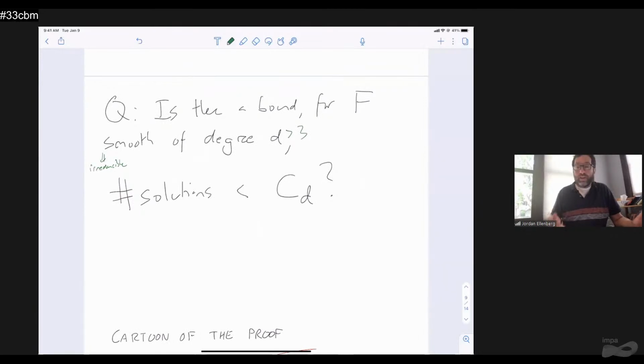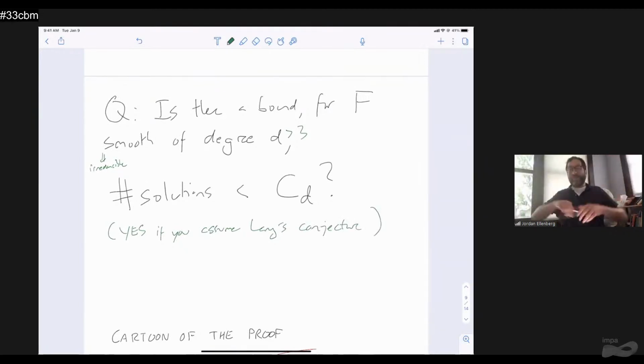So here's a question. First, spoilers, we still don't know the answer to this question, but I will say, yes, if you assume Lang's conjecture, which is a very big conjecture, a very big generalization of Faltings to varieties of any dimension. Or you might say, although this is not general enough, to equations in any number of variables.